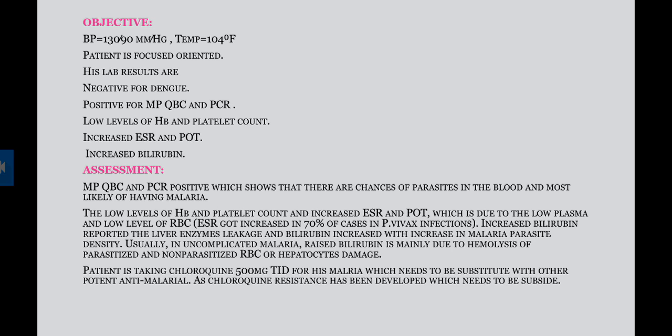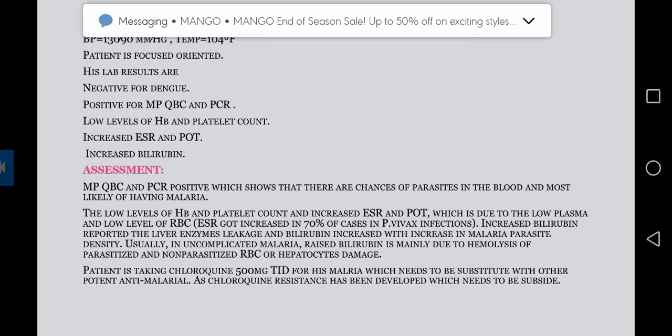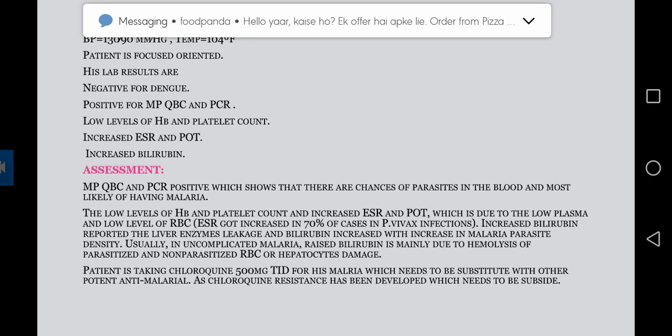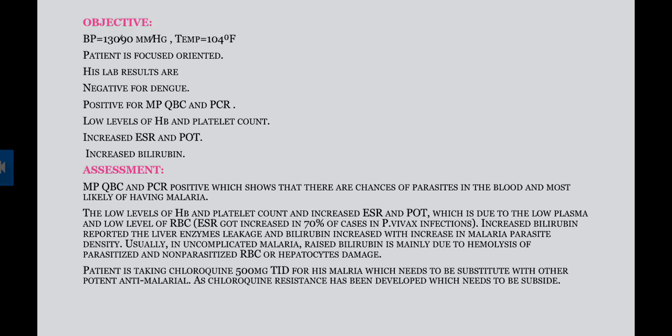Assessment which we made: MBQPC and PCR positive, which shows that there are chances of parasite in the blood and most likely malaria. The low levels of HB and platelet count and increased ESR and SGPT are due to low plasma and low level of RBC.